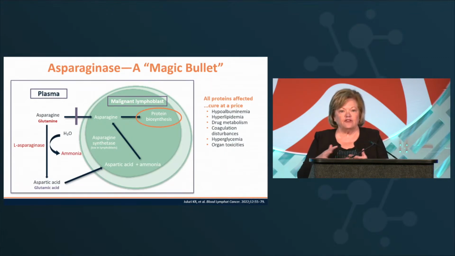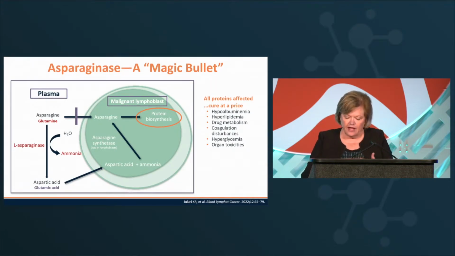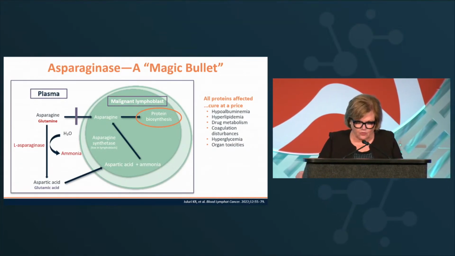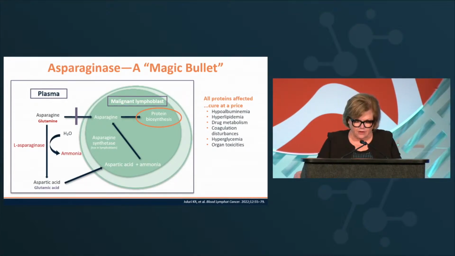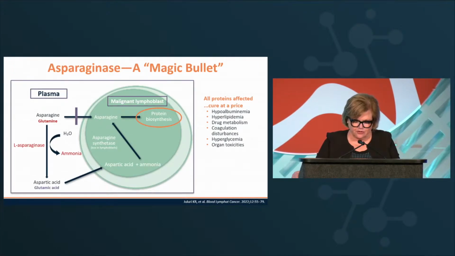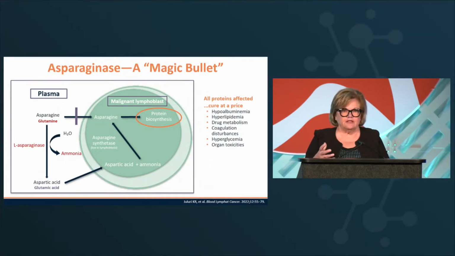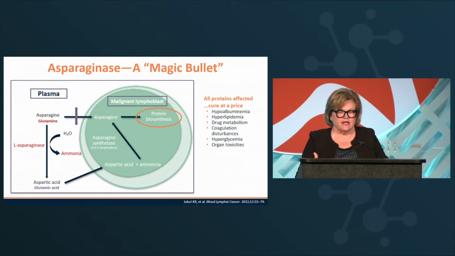So now we have disrupted the protein synthesis, and we'll then have hypoalbuminemia, increased cholesterol, changes with drug metabolism, coagulation disturbances, hyperglycemia, and then organ toxicity. It's because we have disrupted that protein synthesis. And then we will also have increased ammonia as a byproduct.